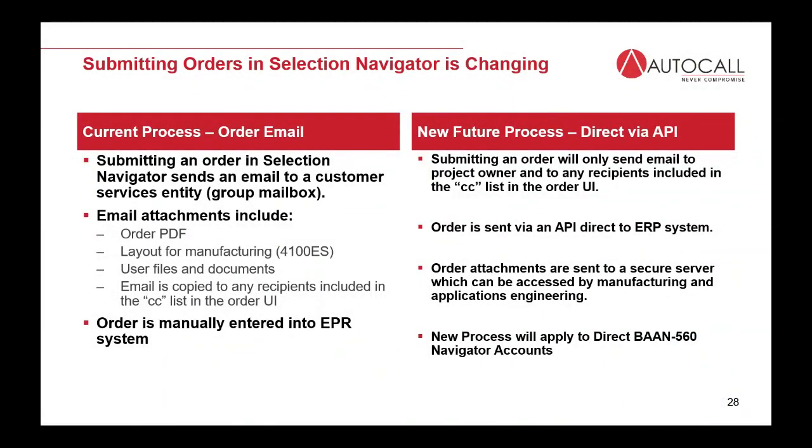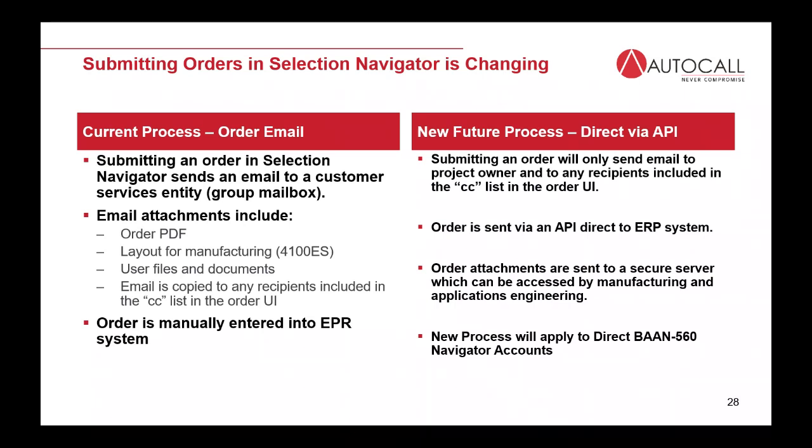What I'd like to do is run through some changes that are going to be happening very soon in Selection Navigator with regards to how orders are going to be placed and processed in the back end. I know we went through this and highlighted it during our recent Autocall distributor conference, but the timing really now is perfect because this is planning to go live next week, and the actual change will be fairly seamless to the user.